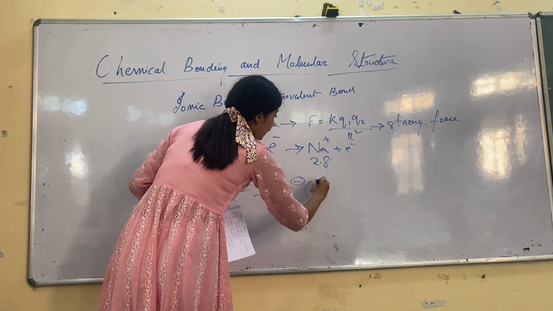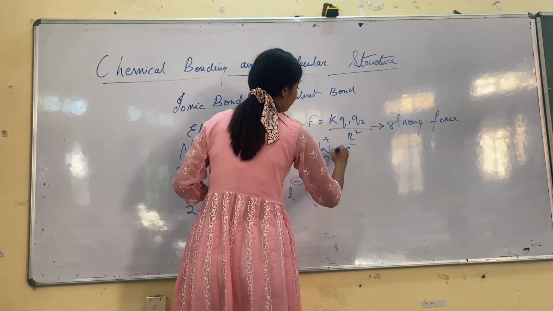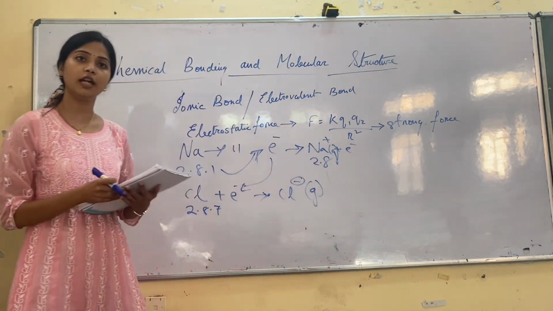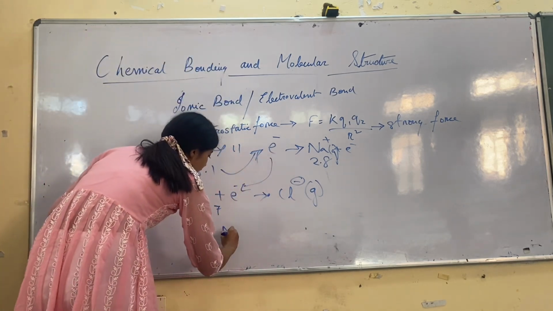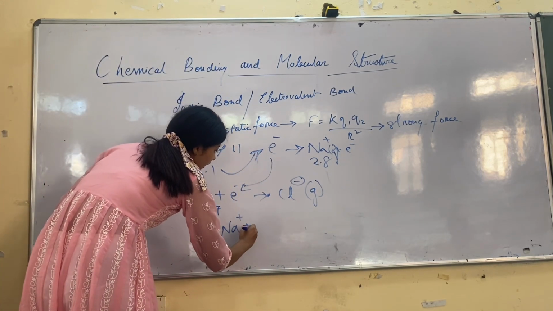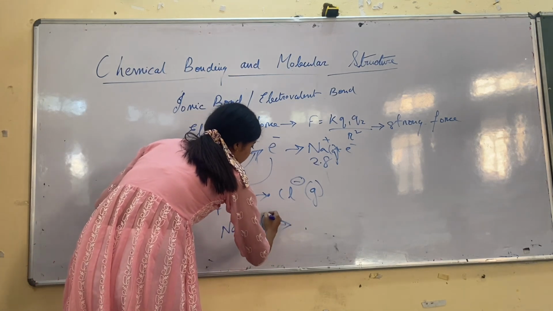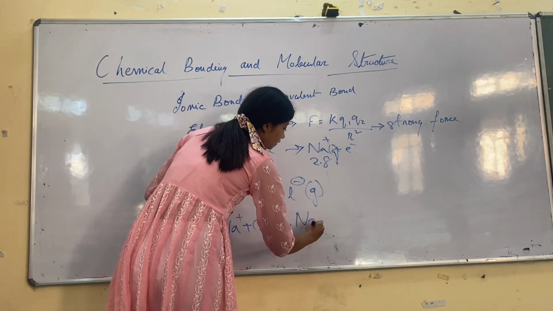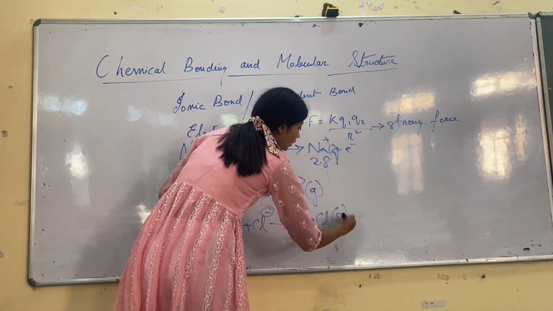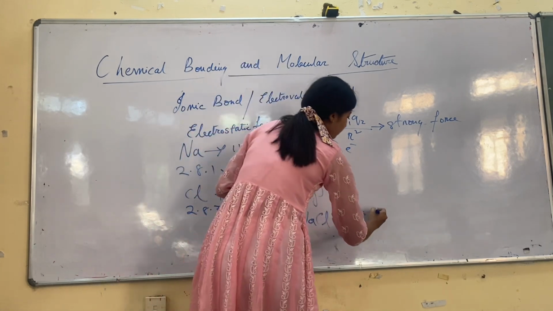Both this Na and Cl are in gaseous form, which is a very unstable form. Thus, this Na+ and Cl- form an ionic bond forming NaCl solid, which is a very stable form.